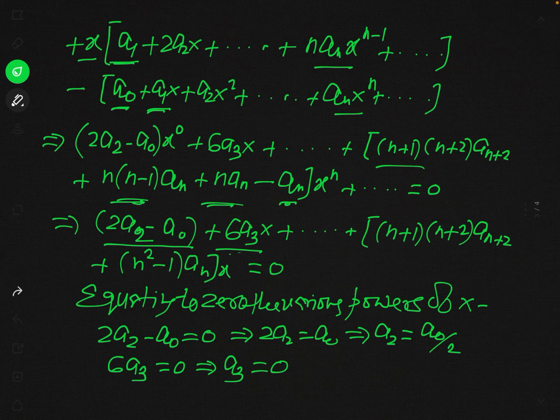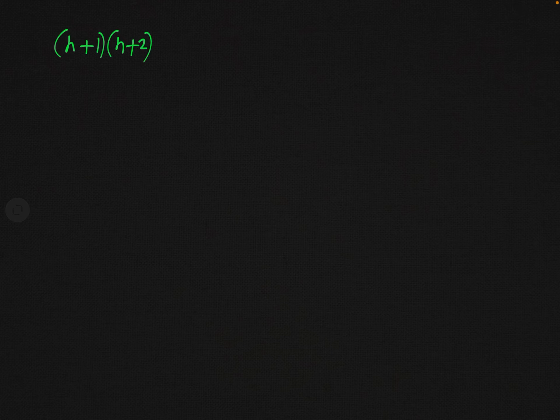So n plus 1 into n plus 2 into a n plus 2, plus n square minus 1 into a n, equal to 0.